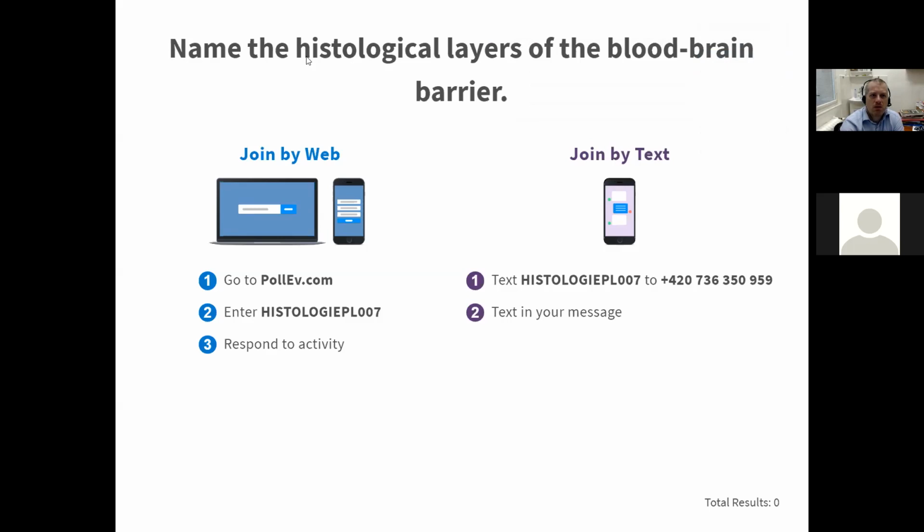Now we care about the histological layers. What is the barrier made of? So try, and if you don't know the complete description of the barrier, like all the layers, name at least the layers you remember. I need to know if you know, okay?